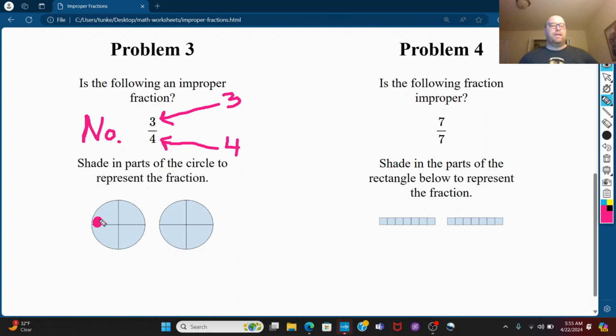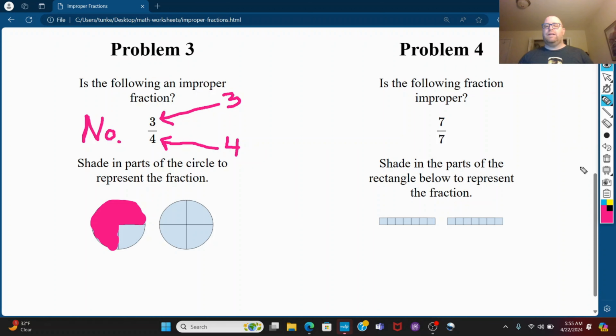So we're going to shade in 3 out of these 4 parts of the circle on the left. And you'll notice here we have not shaded in an entire circle. That's another indication that we have a proper fraction, not an improper fraction.